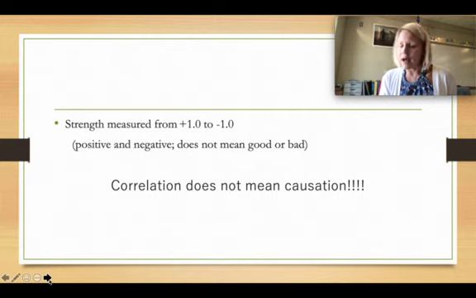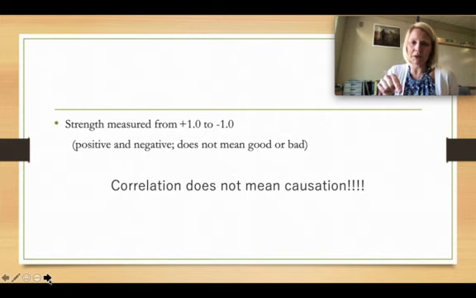Because I can absolutely tell you, there are students who get straight A's and don't get 10 hours of sleep. Now, am I going to try to say there are more students who get A's who sleep more? Sure, that's my hypothesis. But correlation does not mean causation. Just because you get 10 hours of sleep does not mean that you're going to get straight A's.